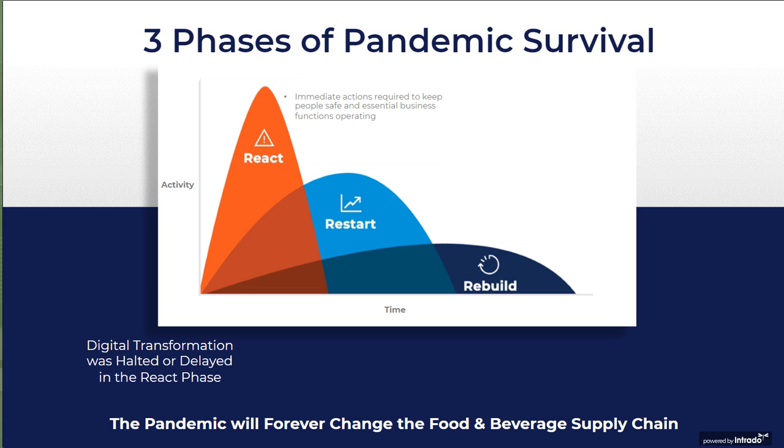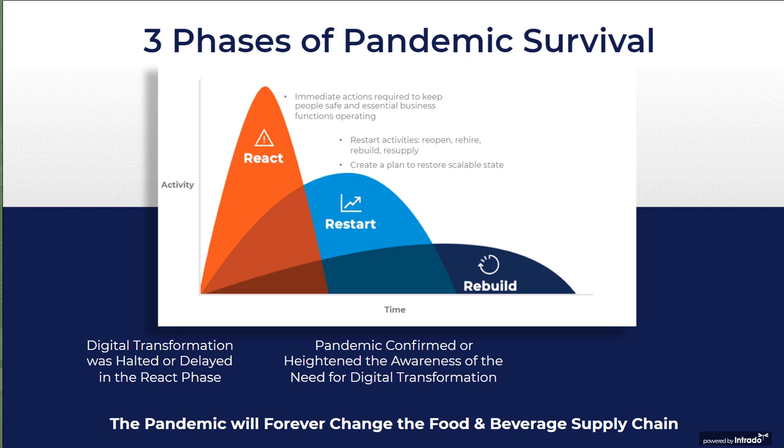How do we protect the business? How do we protect our employees and our employees' families? And how do we protect our own families with this? And there were some guidelines that came out during this process so that we could, quote, restart the economy. We could restart food and beverage. And I think during this particular process, in some cases, it heightened the awareness for the need for digital transformation.